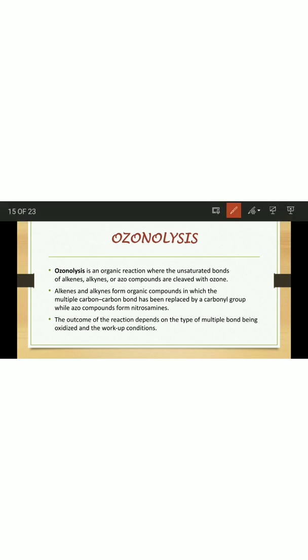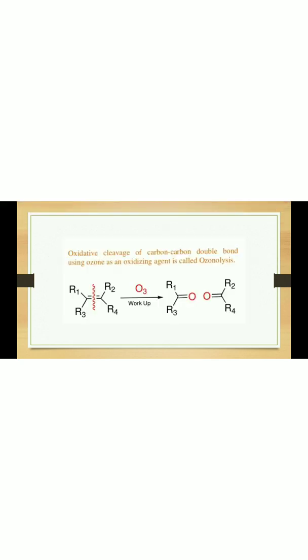Ozonolysis is an organic reaction where the unsaturated bonds of alkenes, alkynes or azo compounds are cleaved with ozone. The alkenes and alkynes will form organic compounds in which the multiple carbon-carbon bond is replaced by a carbonyl group, while the azo compounds will form nitrosoamines. The outcome of this reaction depends on the type of multiple bond that is oxidized and the workup conditions.